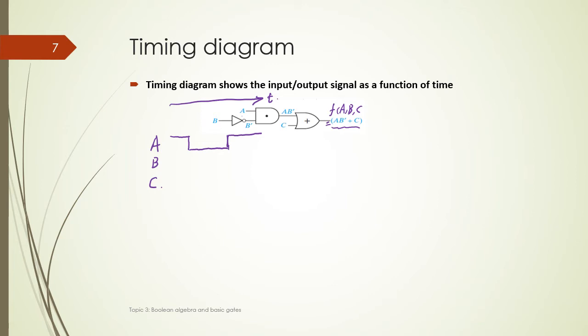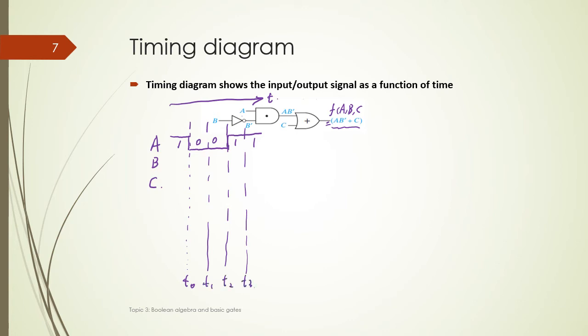If the line is above, we know it's 1. If it's down at the bottom, we know it's 0. And let's say the value changes at specific moments, say T0, T1, T2, T3.